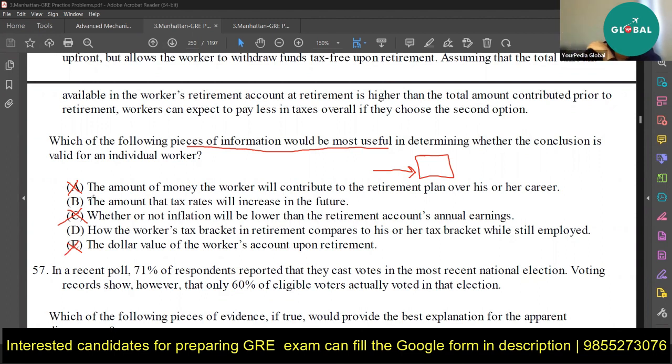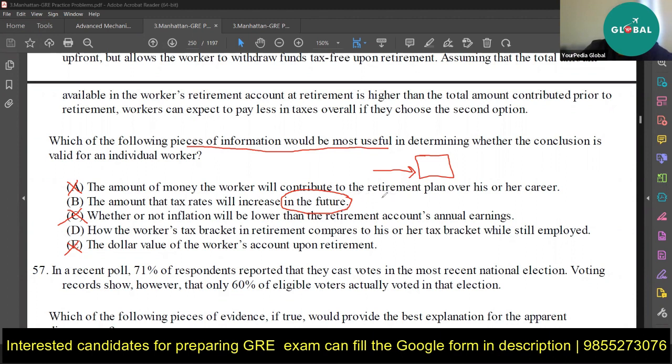Okay, what about B? First of all, these types of answer choices you can immediately leave when they use a very vague term like in the future. We don't know what in the future means.